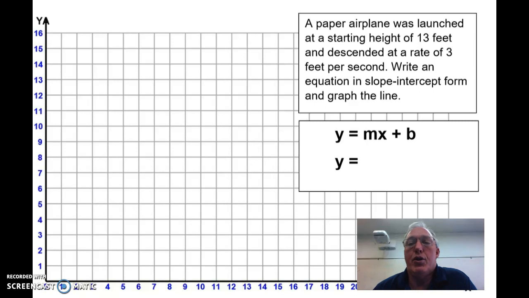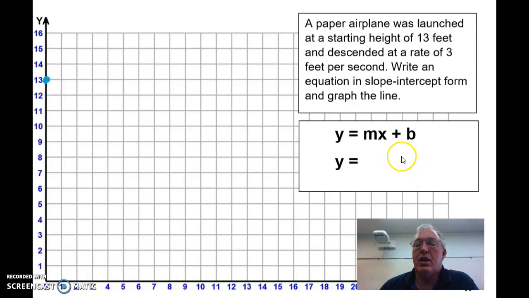So remember on the other problem, the starting location was the point on the y-axis that we used as the y-intercept. What's the starting point for where this plane took off? It says 13. So we can go to the y-axis and we can put a dot right there where it says 13.